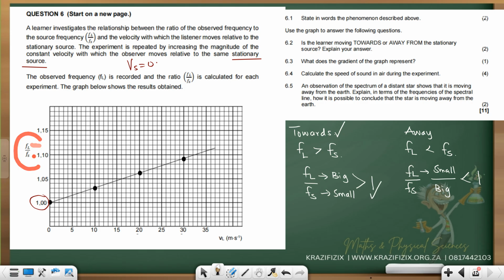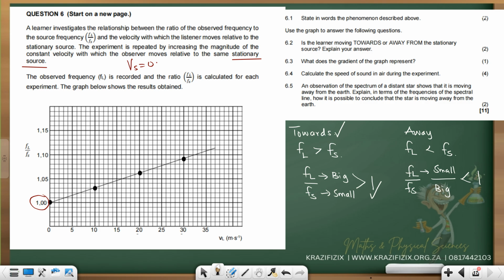Talk to me quickly, Lusanda? Yes, that makes sense, because when I divide 1.05 by 1.00, I get 1.05, which is greater than 1.